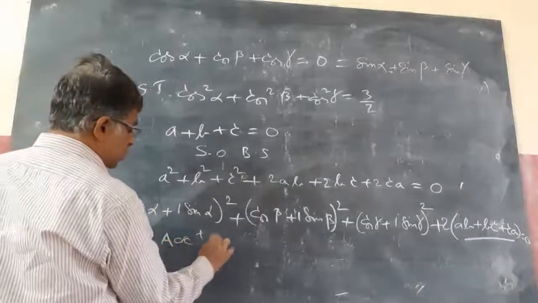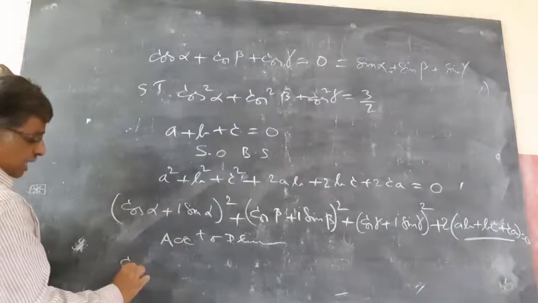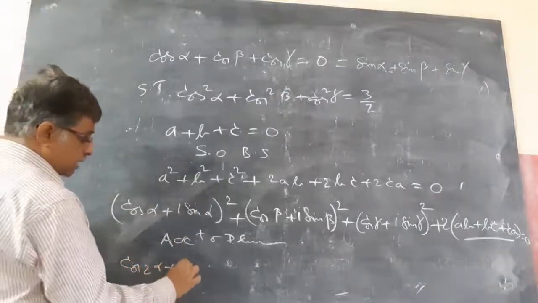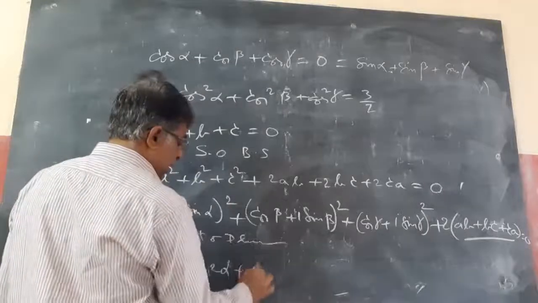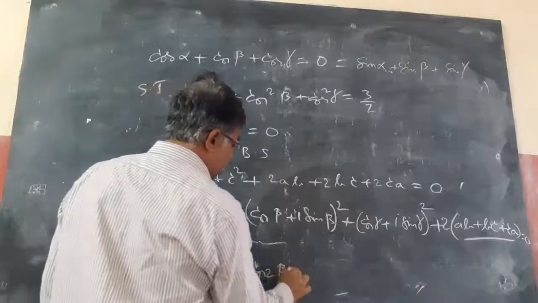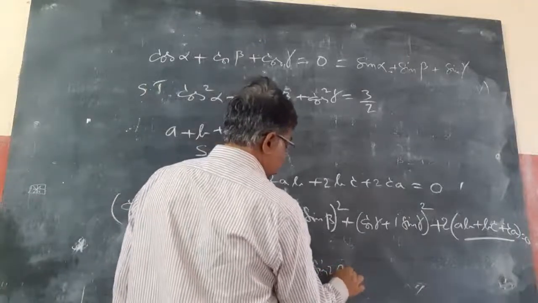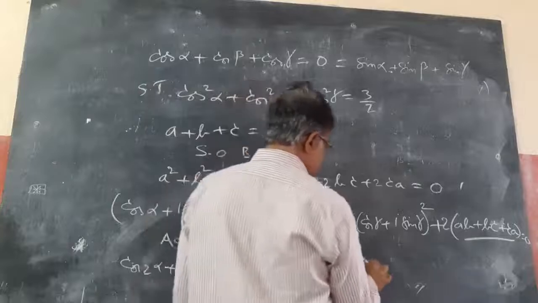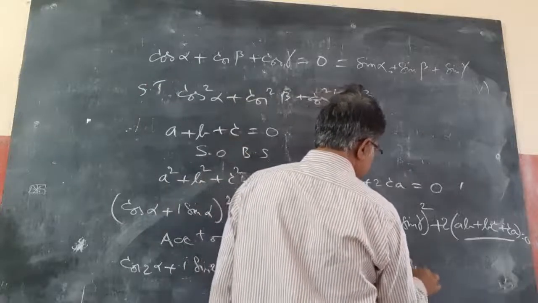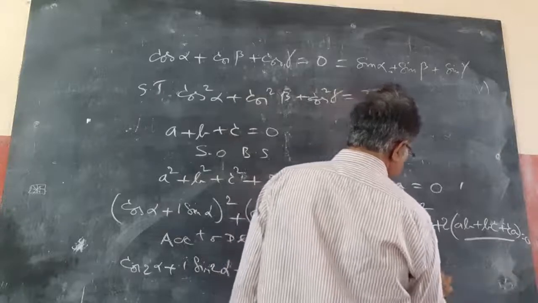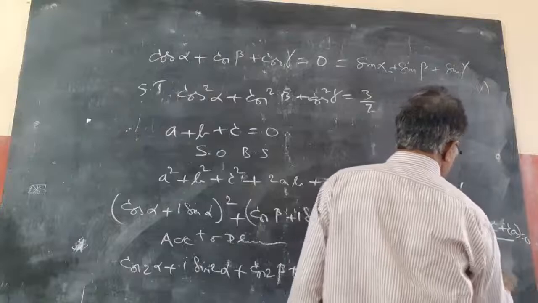According to De Moivre's theorem, this becomes cos 2 alpha plus I sin 2 alpha, and this is cos 2 beta plus I sin 2 beta, and this is cos 2 gamma plus I sin 2 gamma, plus 2 into 0 equal to 0.